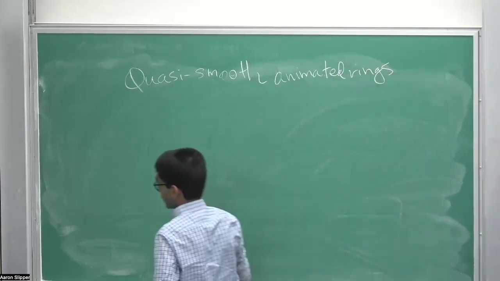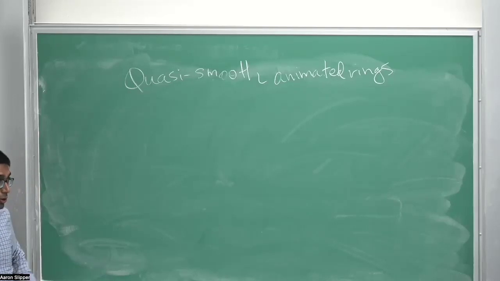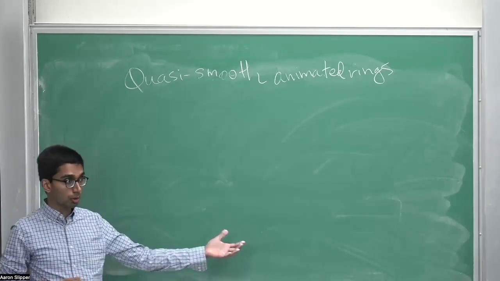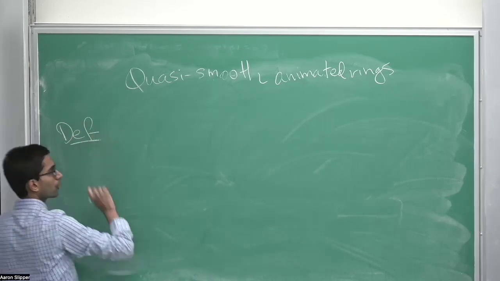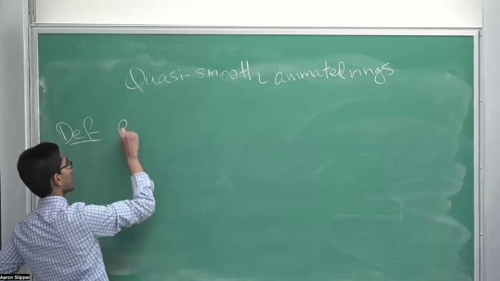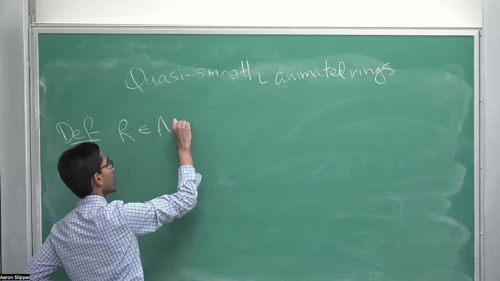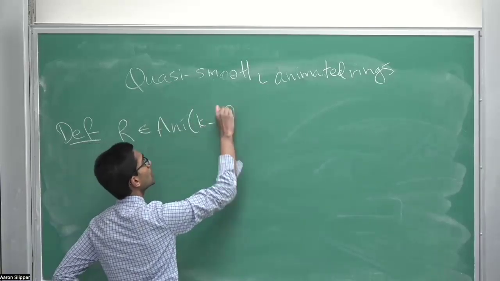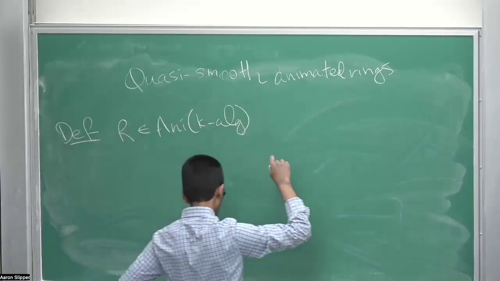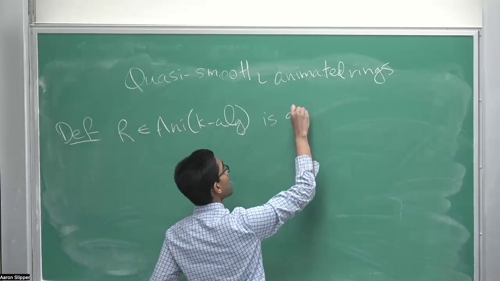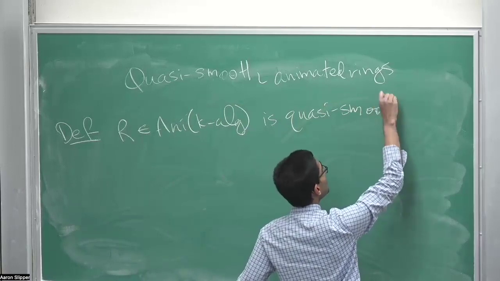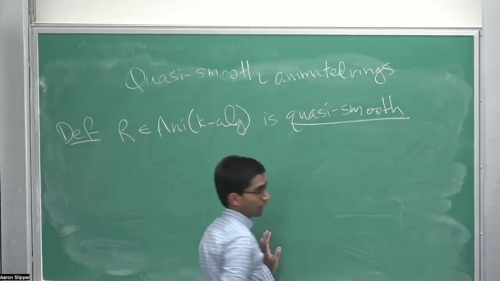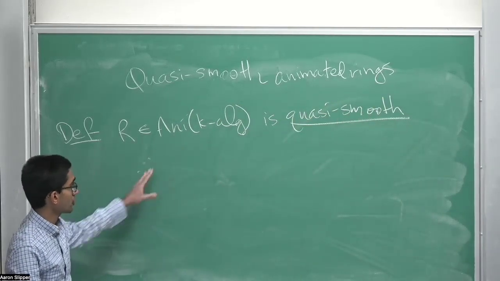The idea is that this is a derived version of the notion of a local complete intersection. So the definition will say that an animated ring R, an animated algebra, is quasi-smooth.